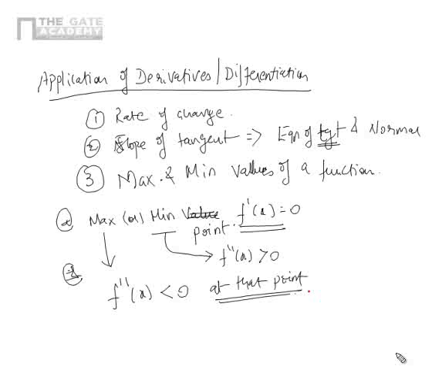Let us solve examples, and we have already seen the examples for maxima and minima. Let us take one more example and strengthen our understanding. So let us take this example. F of x is equal to square root of 4 minus x square.